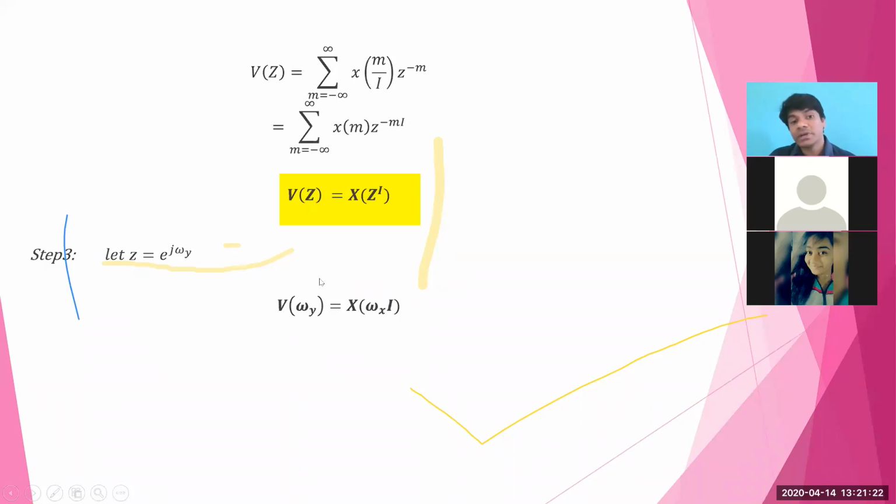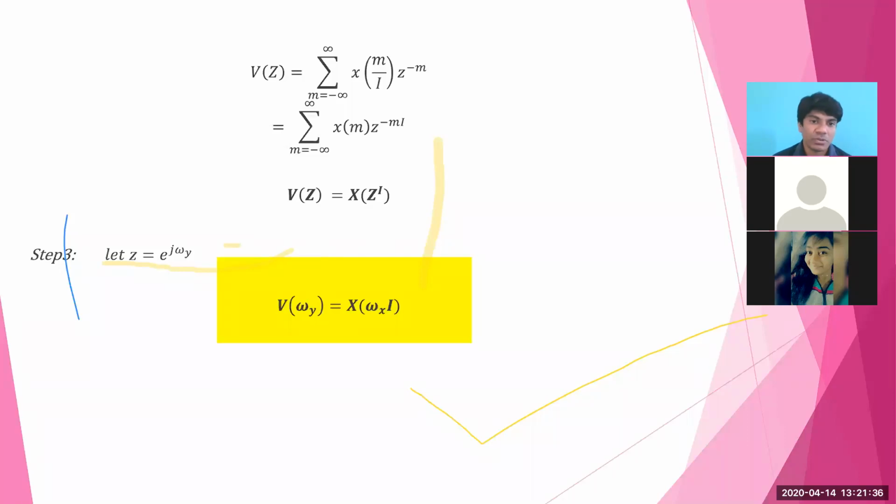If you look at this particular expression, and this is a very important expression, we are going to spend some time here. This expression tells us what exactly happens to the spectrum in frequency domain. When you upsample a sequence x of n, whose spectrum is x of omega x, what exactly is happening to its spectrum? The spectrum is being compressed by I fold.